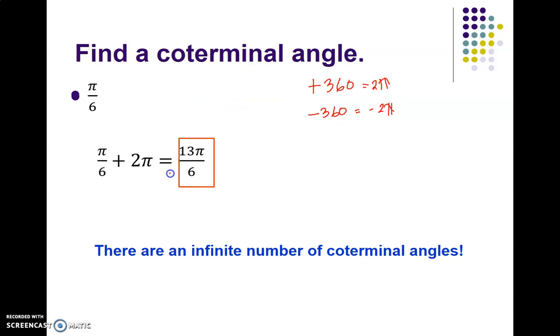So the first coterminal of pi over 6 is 13 pi over 6. Pi over 6 plus 2 pi, which you convert into 12 pi over 6. That's the reason why we get 13 pi over 6.